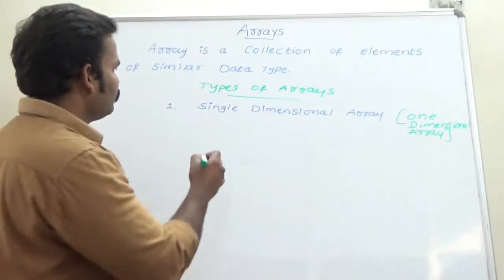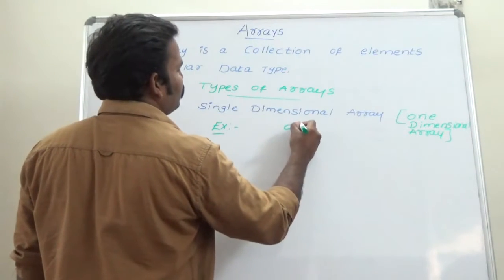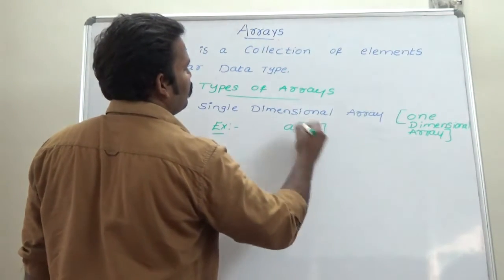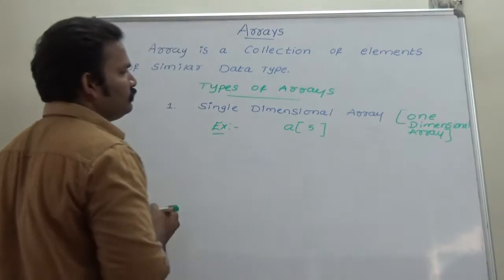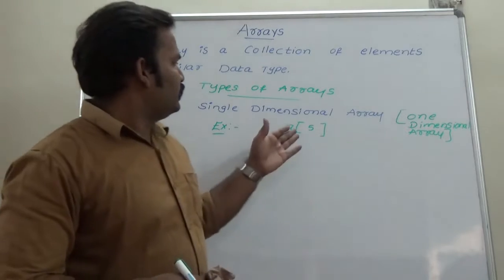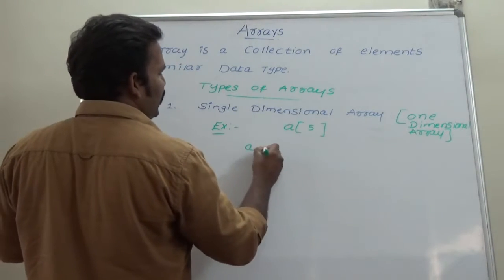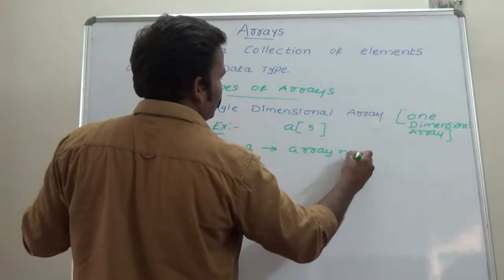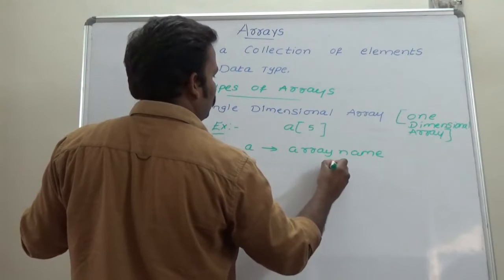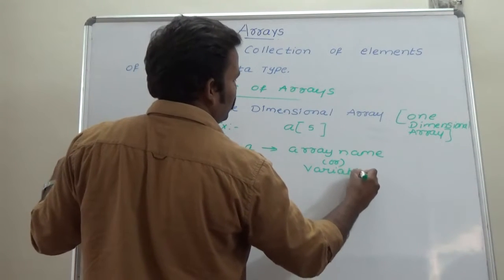For example, a[5]. Here in this example, what is a? a is the array name or variable name.